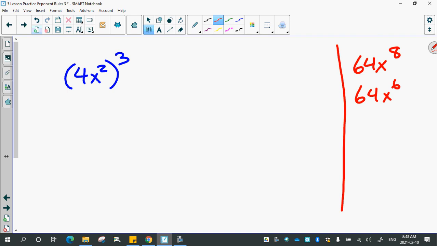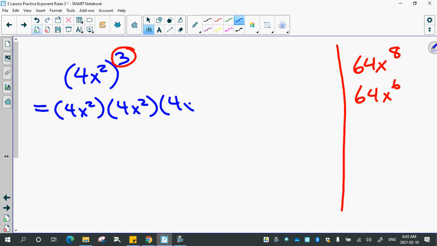Okay. So if I look at this 3 as meaning that I have to multiply this by itself 3 times, that is something we learned how to do yesterday, right? So if I'm multiplying 3 algebraic terms together, I multiply the coefficients together. So 4 times 4 times 4, and that's 64.